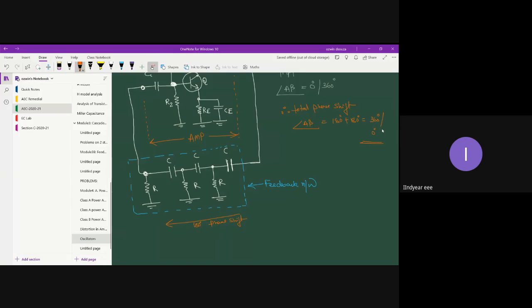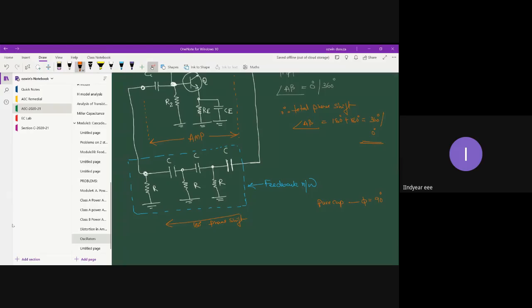This is how you have to design your feedback network. You know that a pure capacitor gives a phase shift of 90 degree. So if at all you use pure capacitors, then 2 capacitors are enough to introduce 180 degree phase shift.